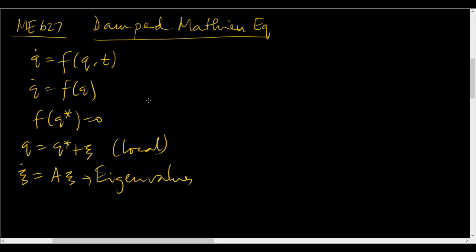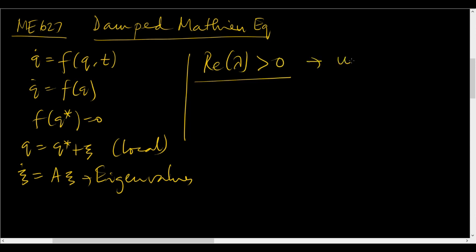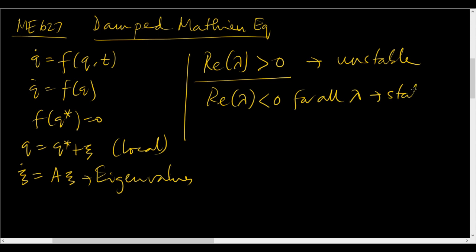Then we looked at the real part of lambda greater than 0, that means unstable. Real part of lambda less than 0 for all lambda, that means stable. Real part of lambda equal to 0, that means borderline, center, right?